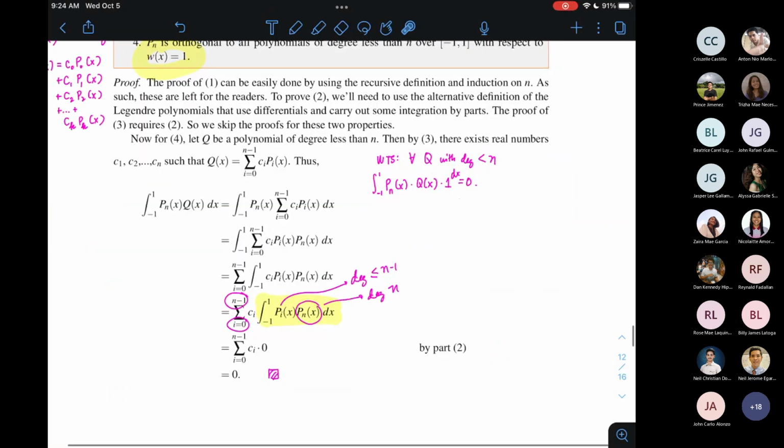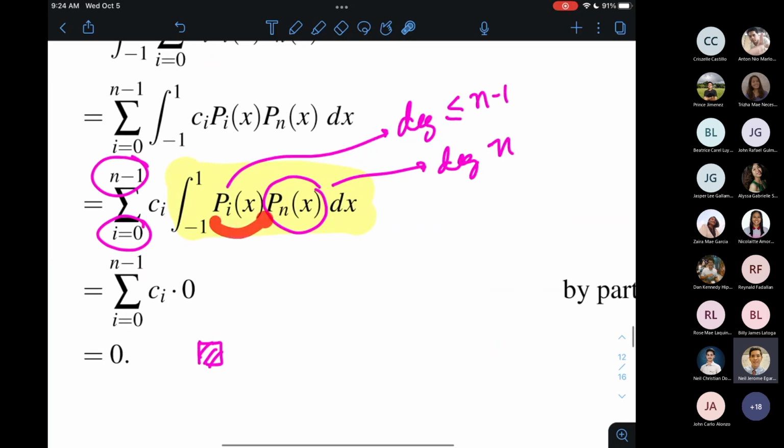Alright? Tapos ito, si P sub i ay degree hanggang n-1 lamang, yung pinakamalaki niyang posibleng degree, pero si P sub n ay degree n. So ibig sabihin, sure tayo si P sub i ay laging iba mula kay P sub n. Okay? So ibig sabihin, ang integral na to ay equal kay 0 by part 2.